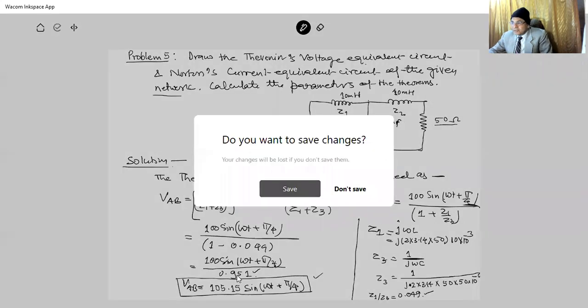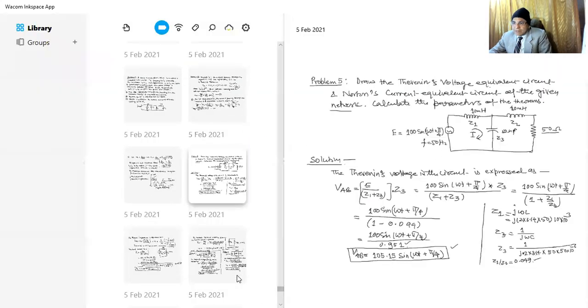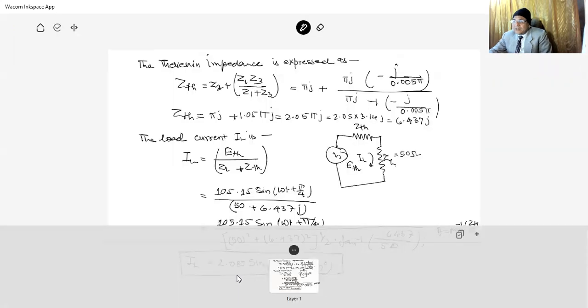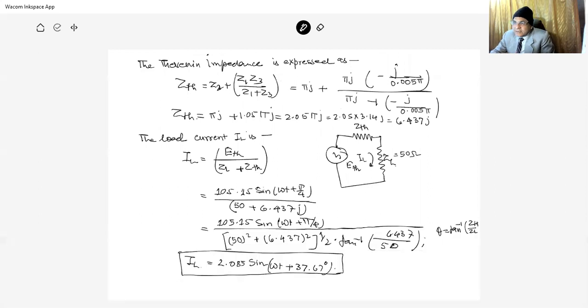On the basis of this Thevenin voltage, we can also calculate the equivalent impedance. This equivalent impedance ZTH is Z2 in series with the parallel combination of Z1 and Z3, because the source is short circuited. So these two are the parallel combination.